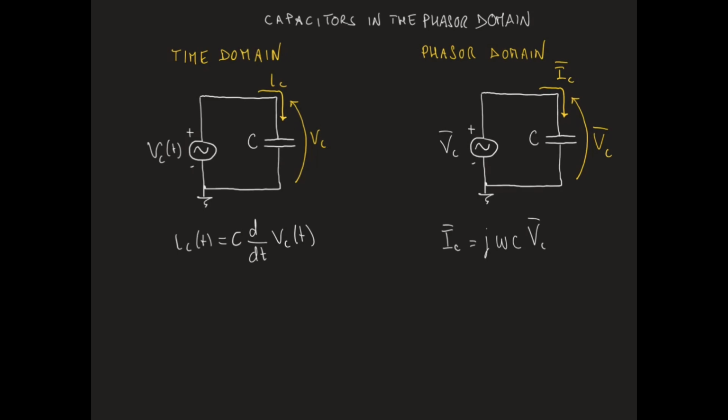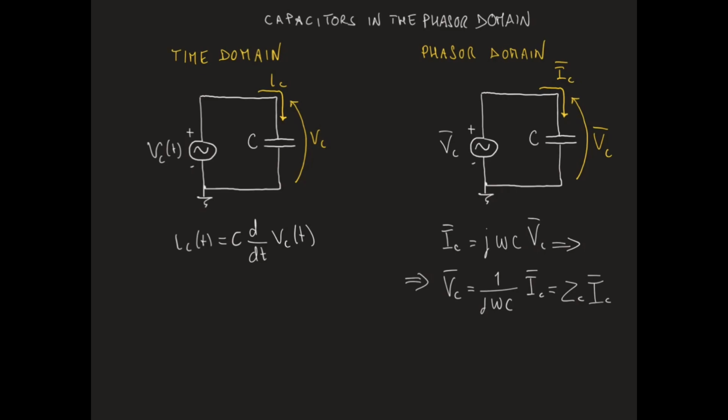The current-voltage relationship in the phasor domain can be rewritten as phasor Vc equal to 1 over j omega C, the current phasor IC, or Zc times the current phasor IC.